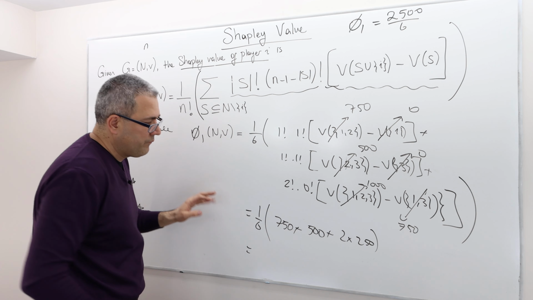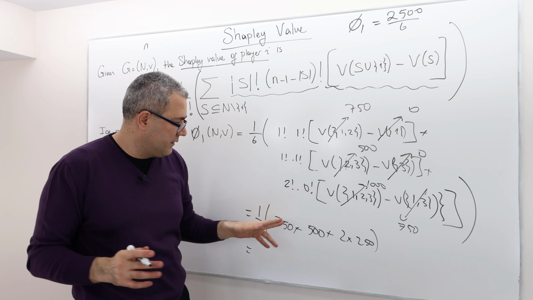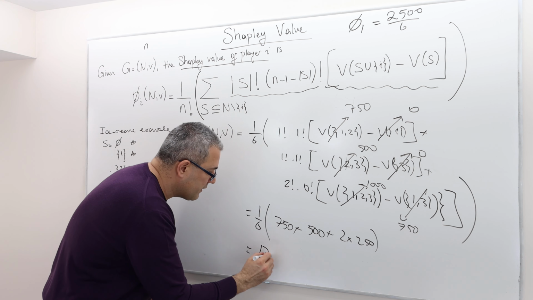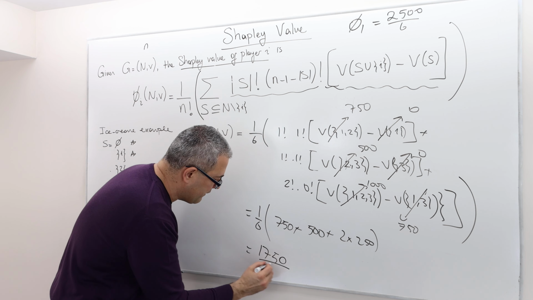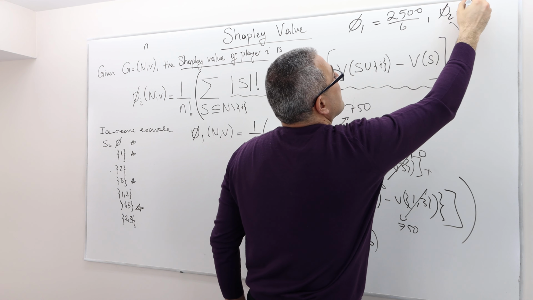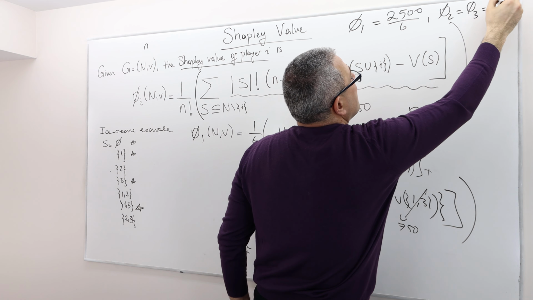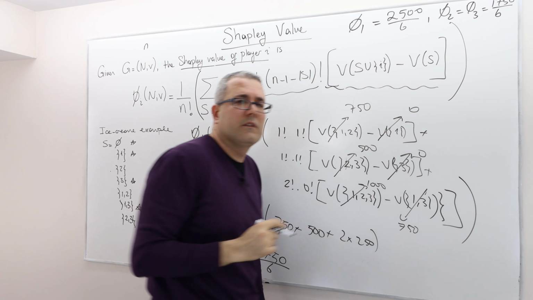So if you do this, it's basically 500, 500,000, and so it's 1750 divided by 6. So phi 2 is equal to phi 3, which is 1750 divided by 6.